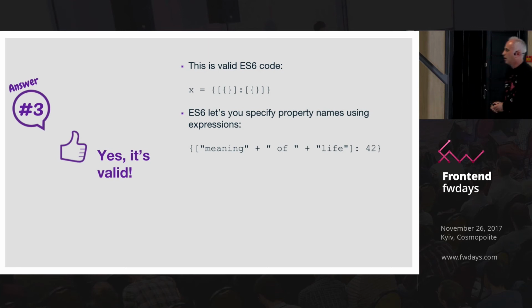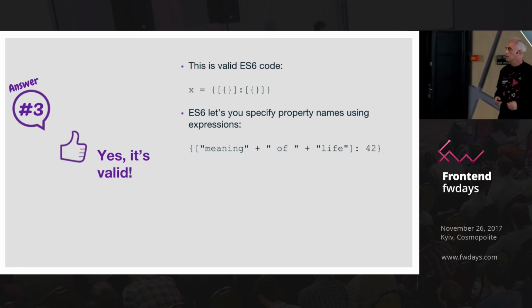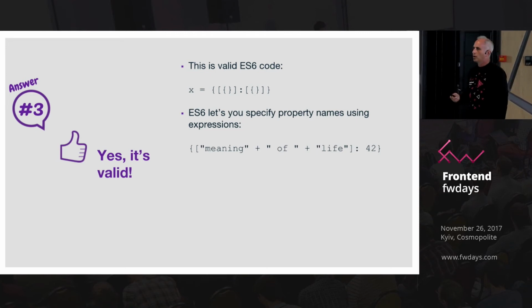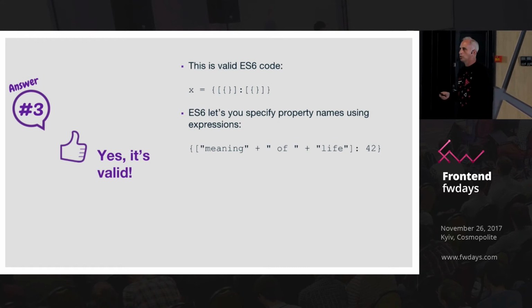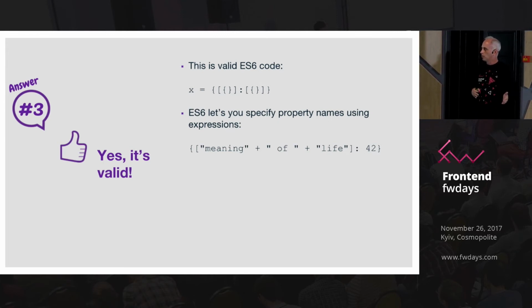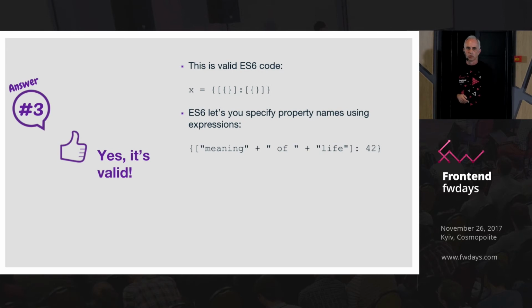With ES6, you can actually create or compute the property directly when creating the object. And the way that you do that is that you put the expression inside the square brackets. So for example, in this case, I'm creating an object that has meaning of life with a value of 42.